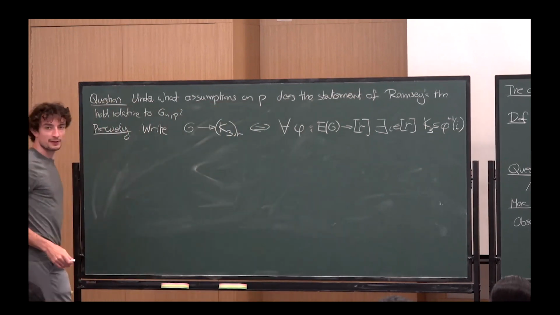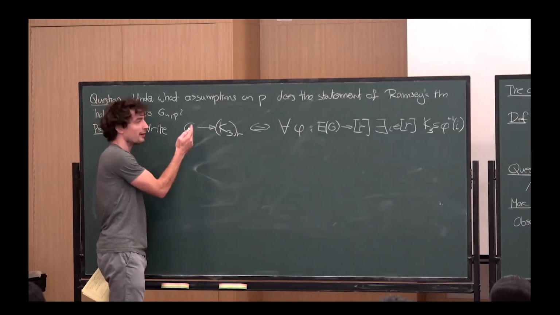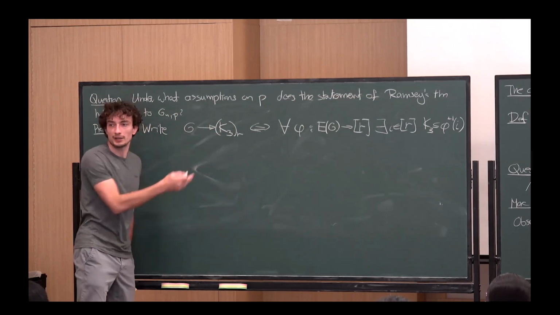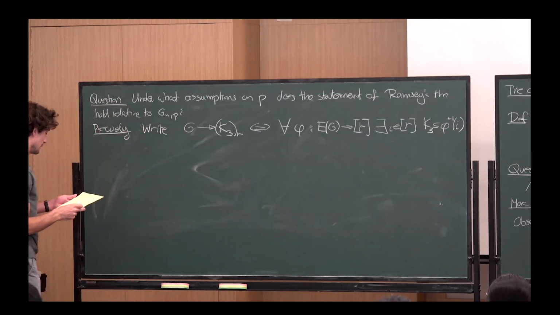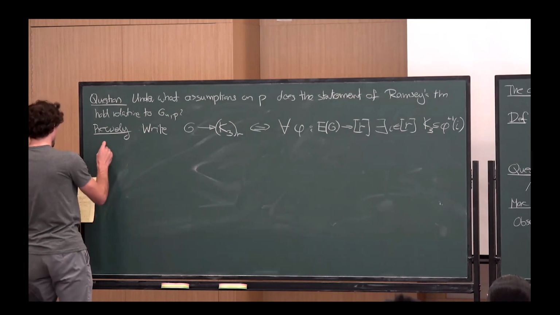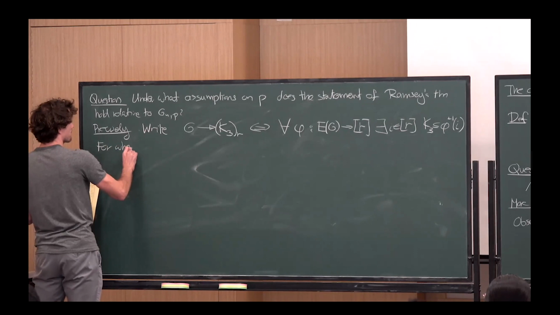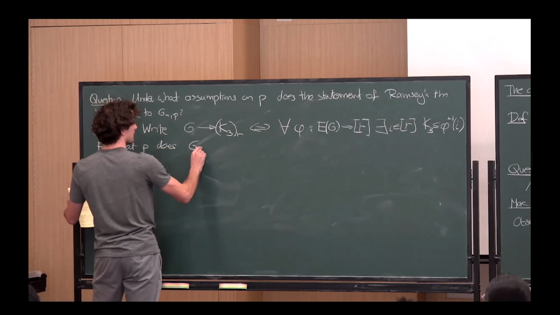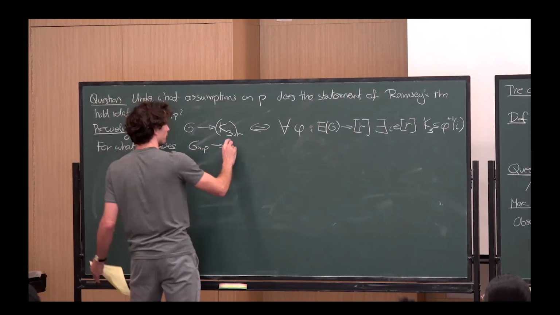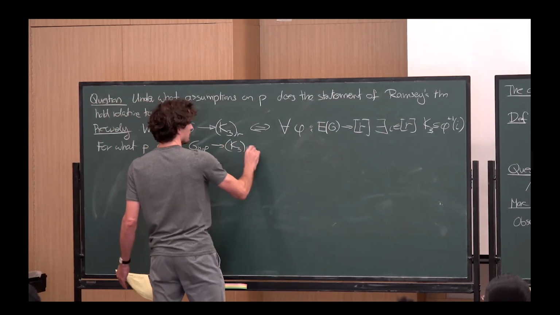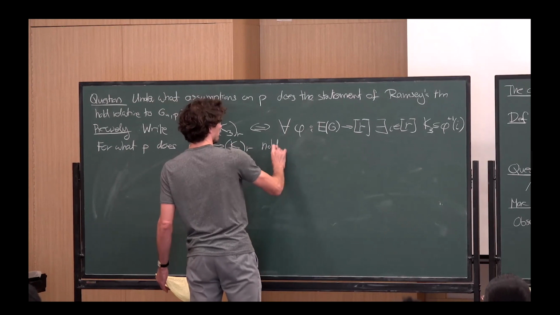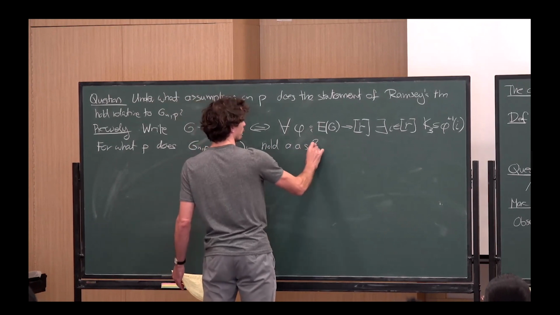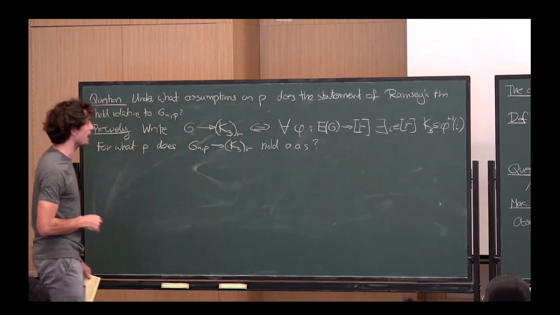So Ramsey's theorem is that if n is sufficiently large, then Kn arrows K3 in r colors. And the formal question is, for what P does the relation G(n,P) arrows K3 in r colors hold asymptotically almost surely, meaning with probability tending to 1 as n tends to infinity.